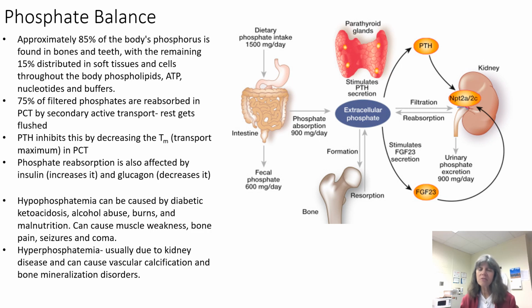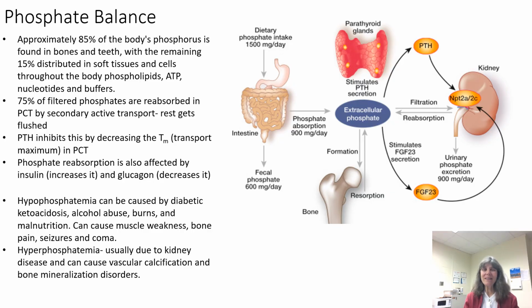However, in the presence of parathyroid hormone, remember parathyroid hormone, we want to break down hydroxyapatite in bone. We need the calcium, but we don't need the excess phosphorus. So parathyroid hormone actually inhibits the reabsorption of phosphates by decreasing the transport maximum in the proximal convoluted tubule.